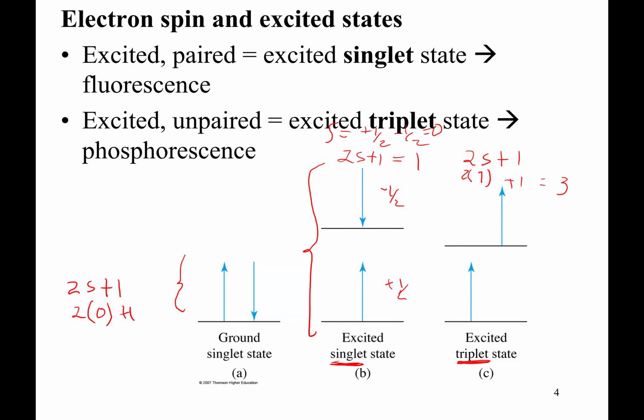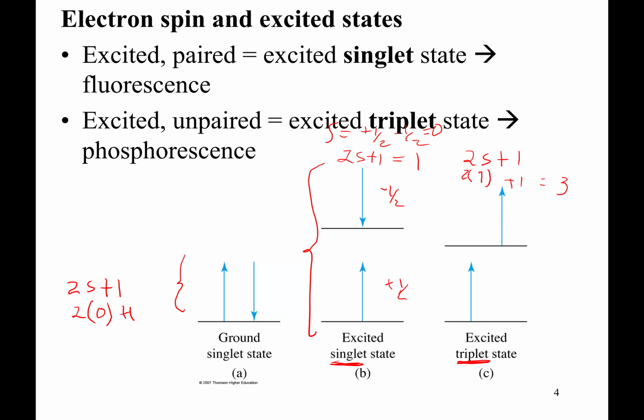Now, what about when they are unpaired? If they are paired like this, that's a singlet state. This is another option for a singlet state, all right?